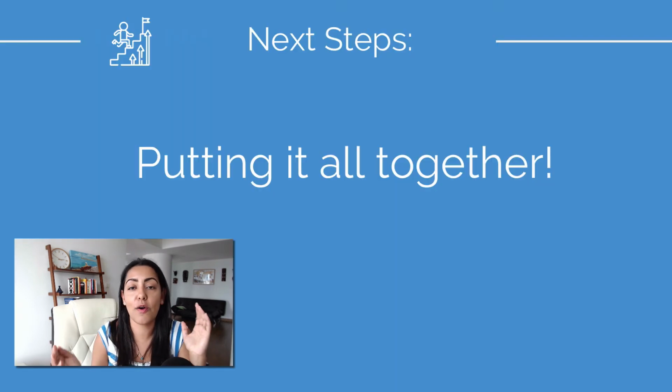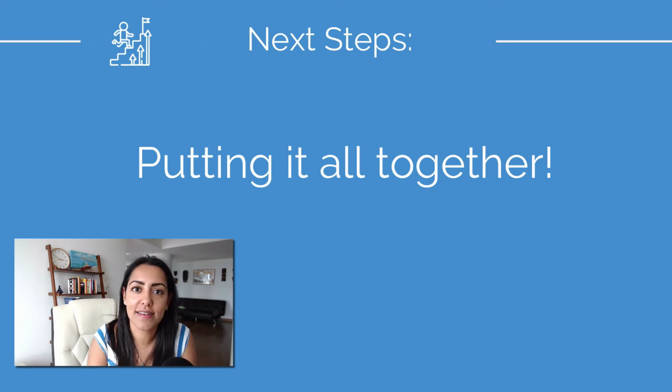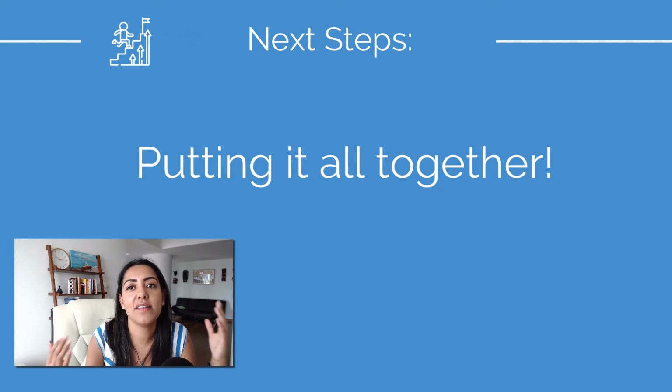All right, so that's it for day 3. I hope you understand how powerful this strategy is. You are essentially going to be taking all the cold traffic that is on Facebook, and you are going to be pre-qualifying them with this 60-second video that basically only your ideal customers are going to want to watch.